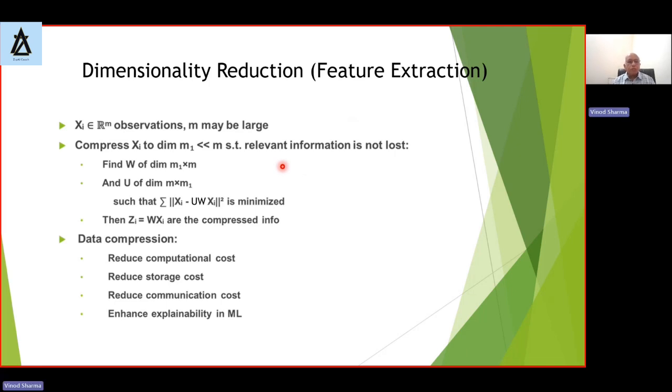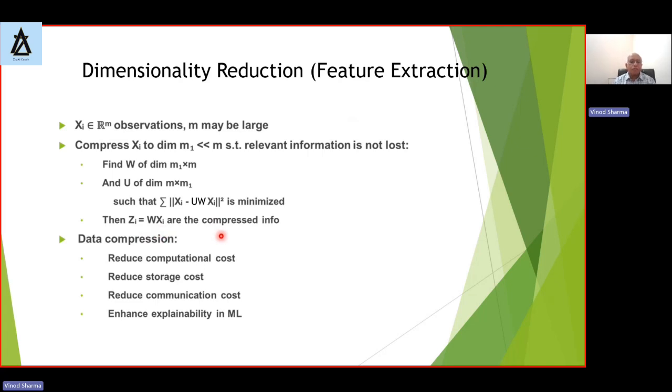We find a matrix w of dimension m1 cross m, and a matrix u of dimension m cross m1, such that zi equals w xi is a vector of dimension m1.